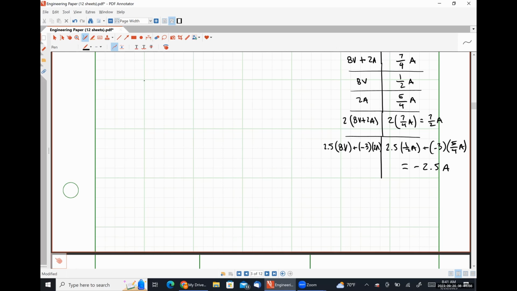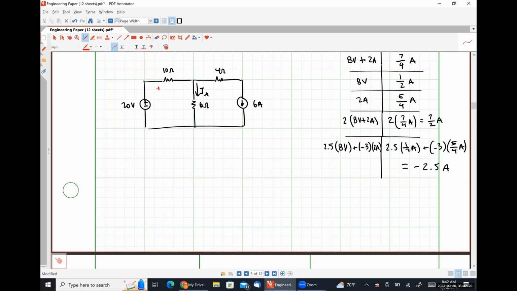So if we were to analyze this circuit, what's 2.5 times 8? 20, right? -3 times 2, so that's just going to be a 6 amp current source direction down. Here's Ix.